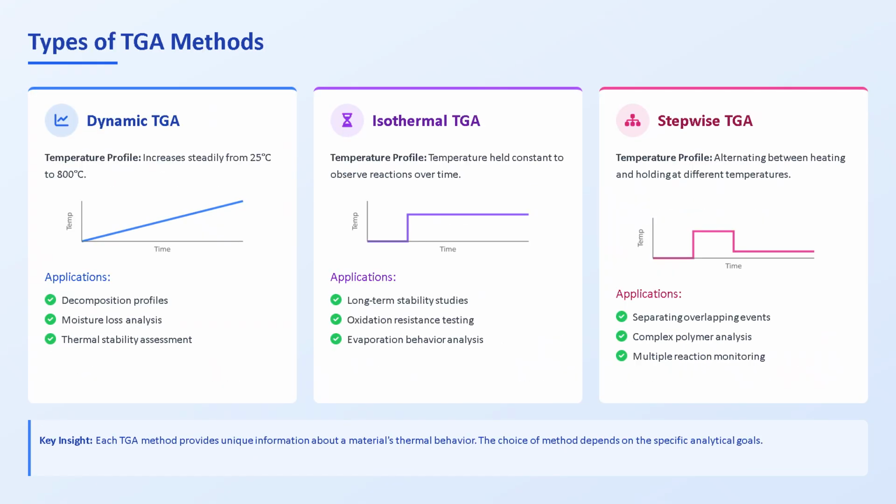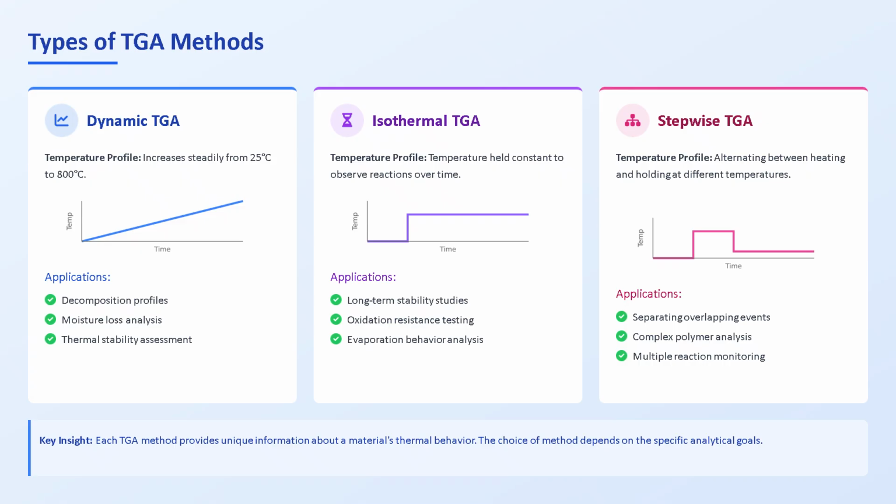TGA isn't just one type of experiment. It includes several methods depending on the analytical goal. Direct TGA steadily increases temperature over time and is ideal for studying decomposition, moisture loss, and thermal stability. Isothermal TGA holds the temperature constant, so we can observe slow reactions like oxidation or evaporation behavior.